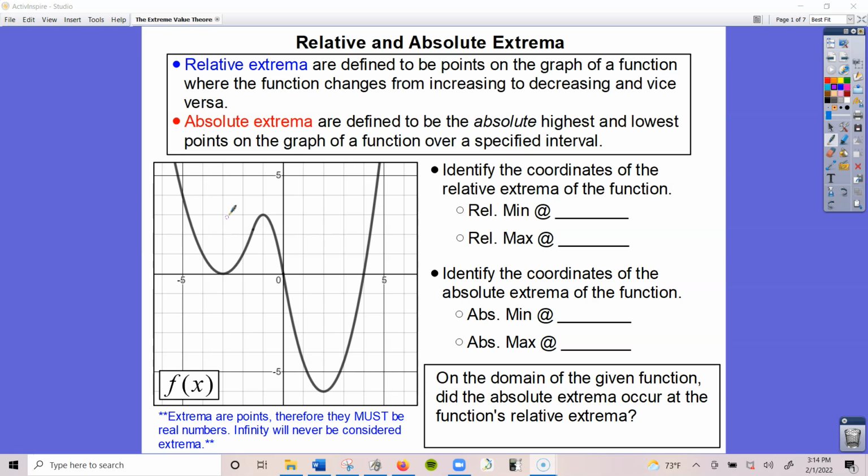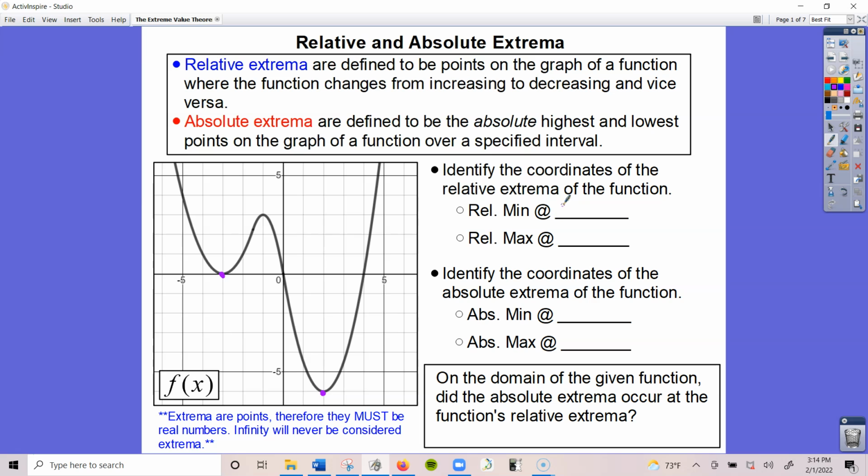So let's investigate this graph here that we have of f of x. If I wanted to identify the coordinates of the relative extrema, our minimums is when the graph changes from decreasing to increasing. So we have two. We have one here and another one here, see, decreasing to increasing right here.